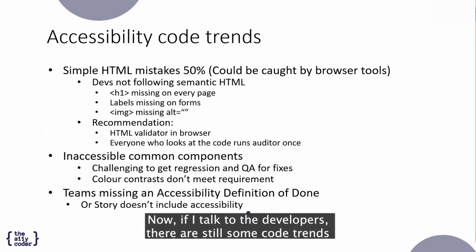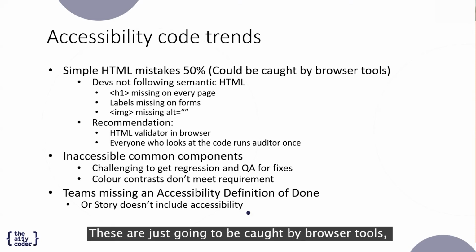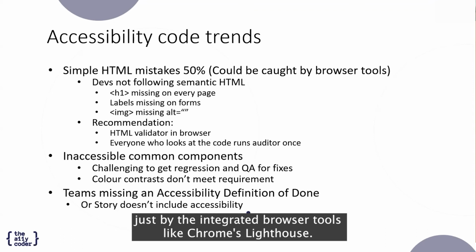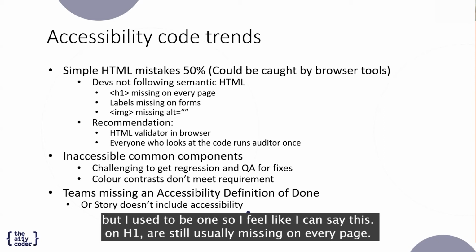Now, if I talk to the developers, there are still some code trends that are really, really common. Simple HTML mistakes still make up about 50% of accessibility issues. These are just going to be caught by the integrated browser tools like Chrome's Lighthouse. Devs are just not following semantic HTML. I'm sorry, developers, but I used to be one, so I feel like I can say this.